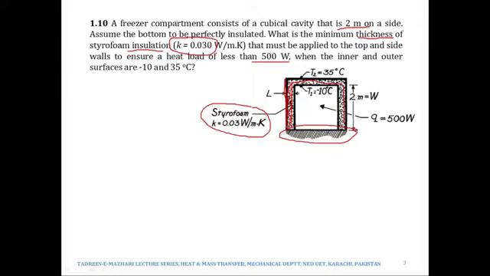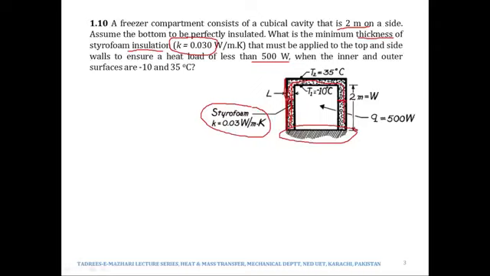So over here, since we are to find out the thickness of the insulation, this is the thickness of insulation, which is supposed to be the same on every side.